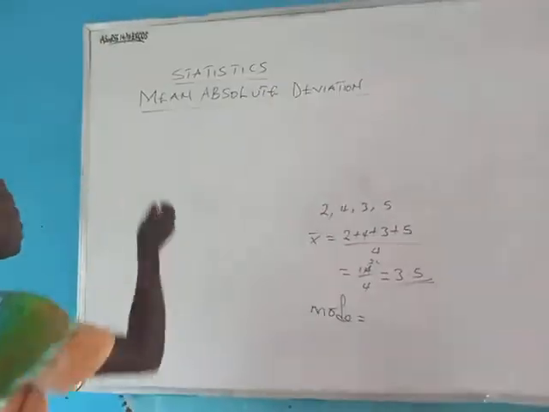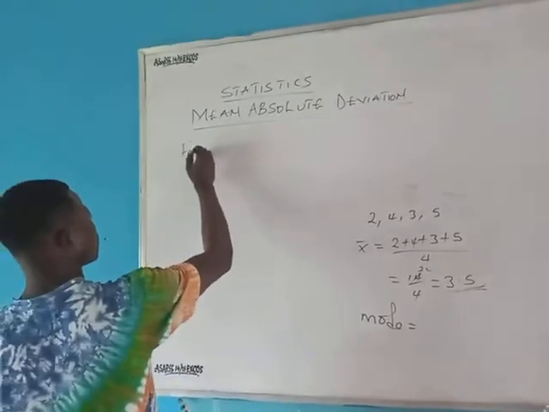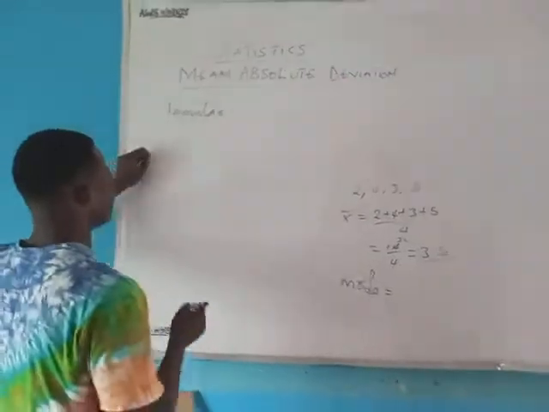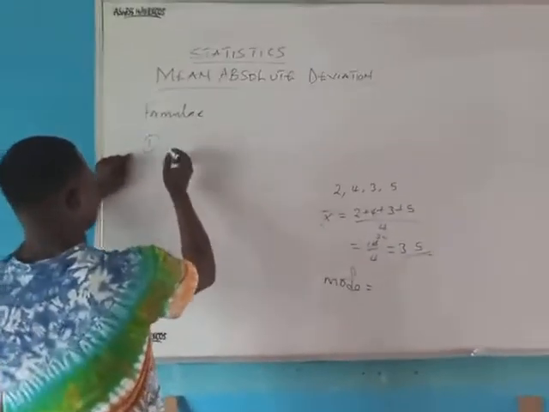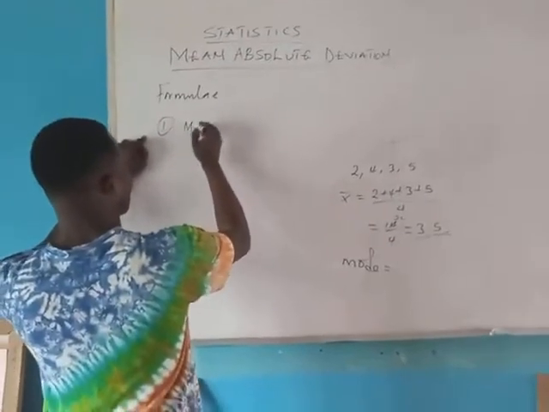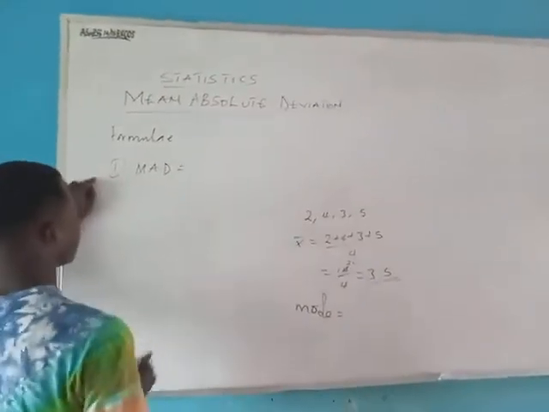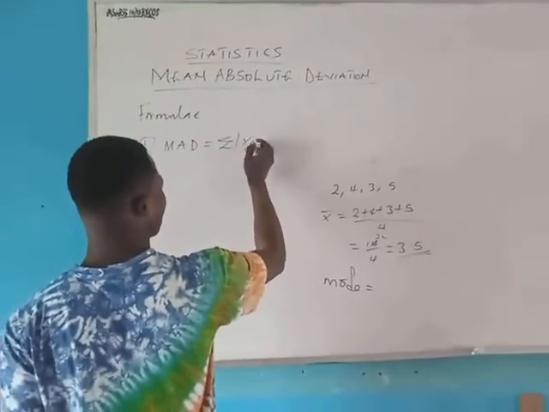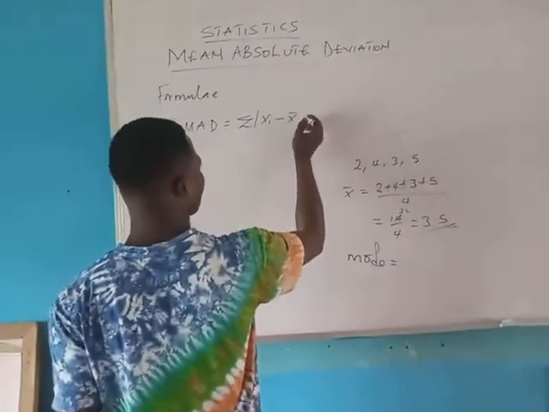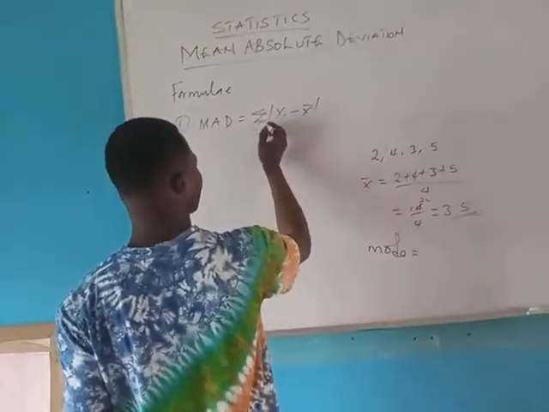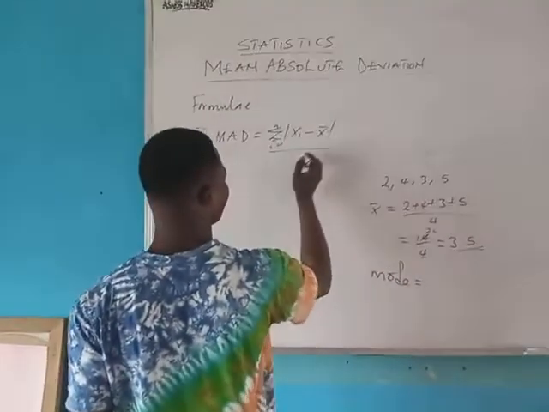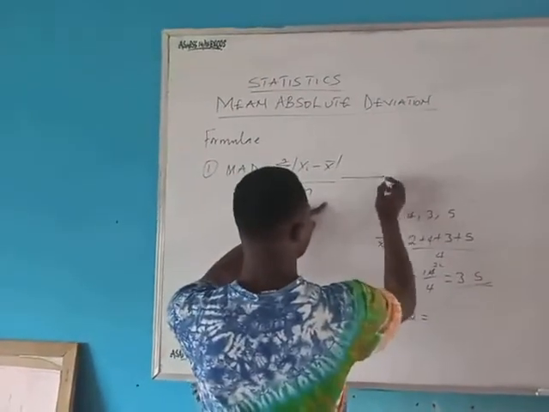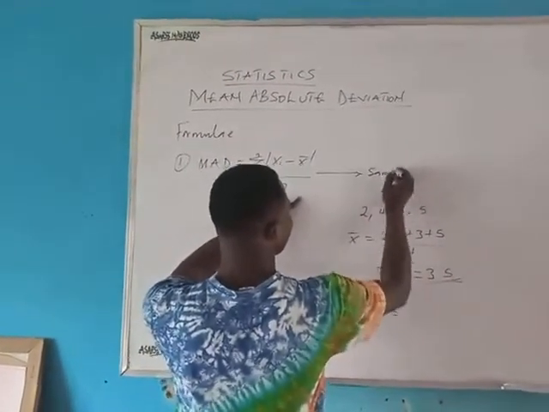So the formula for mean absolute deviation, number 1: mean absolute deviation is equal to the summation of the absolute value of xi minus x bar, with i from 1 to n, all over n. We use this formula if we are dealing with a sample.